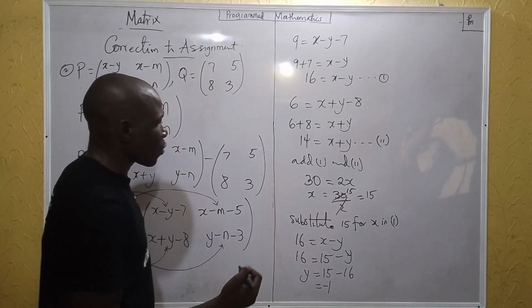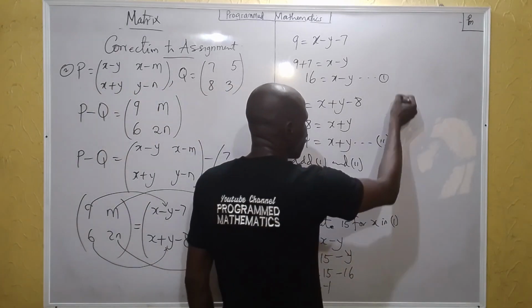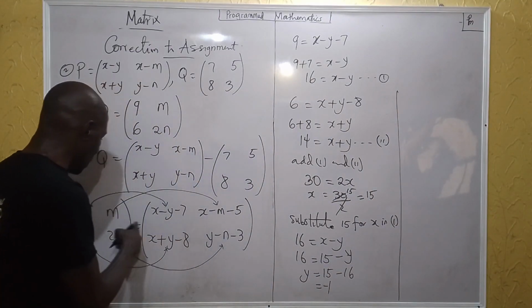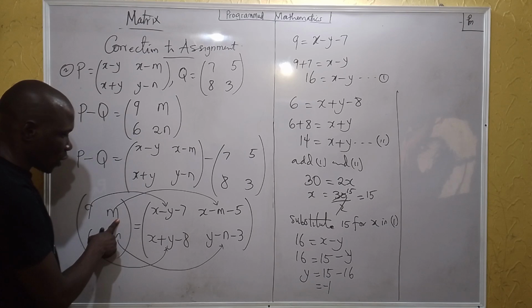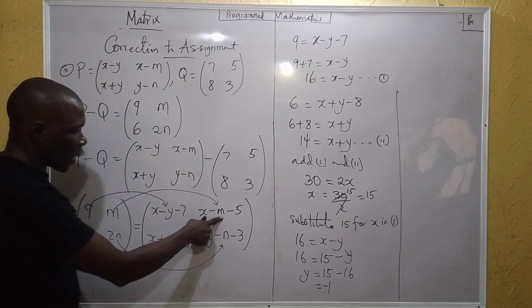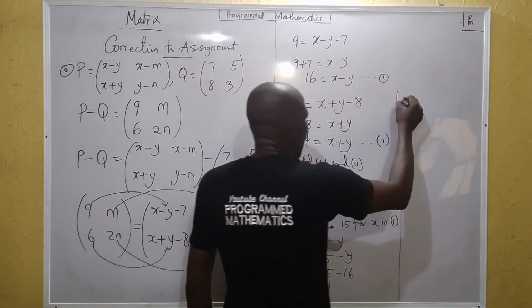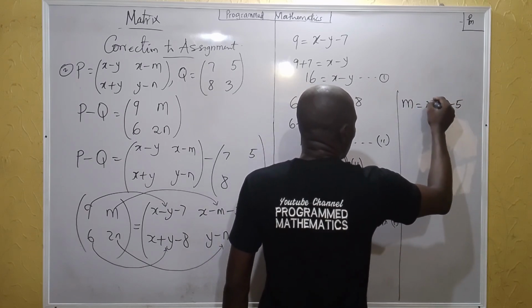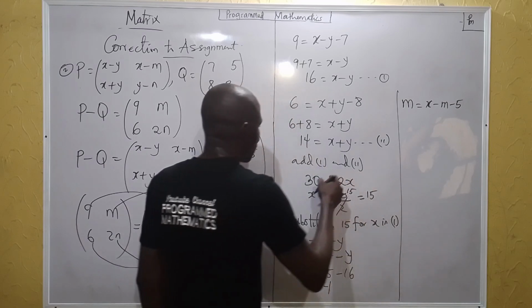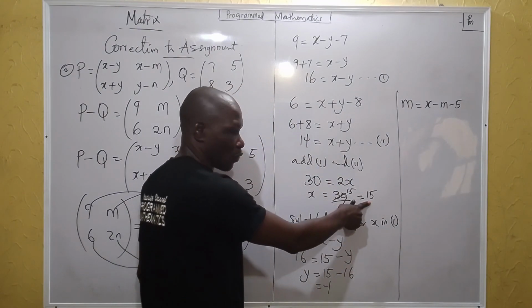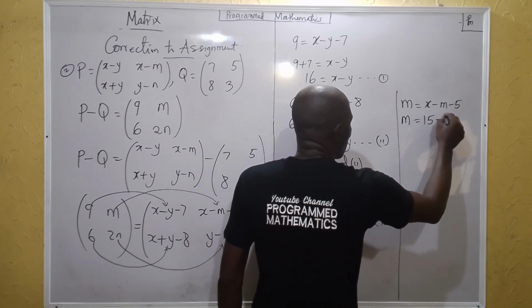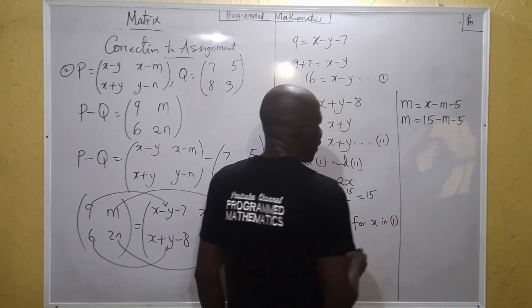Now that y is equal to minus 1, we'll come back here to say m as well is equal to x minus m minus 5. M equals x minus m minus 5. Don't forget that x has been calculated here to be 15. So this is m equals 15 minus m minus 5.